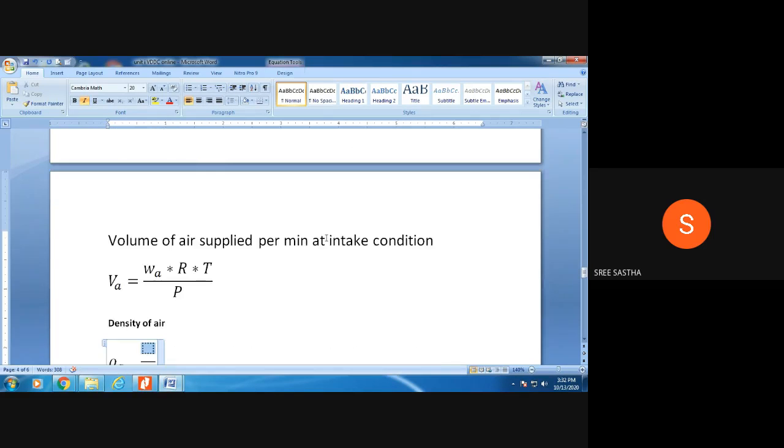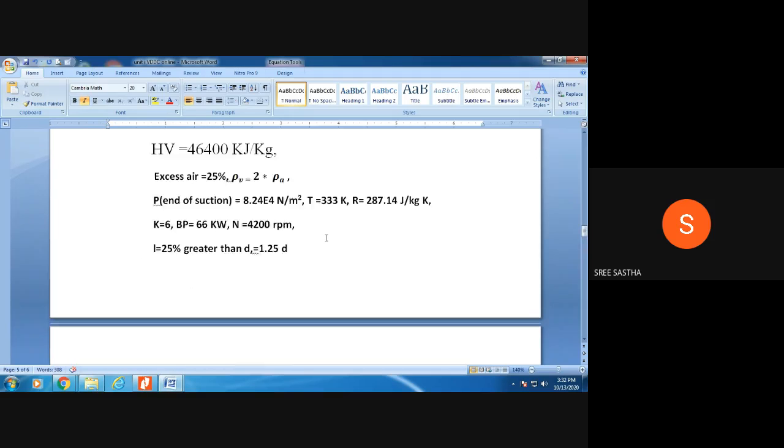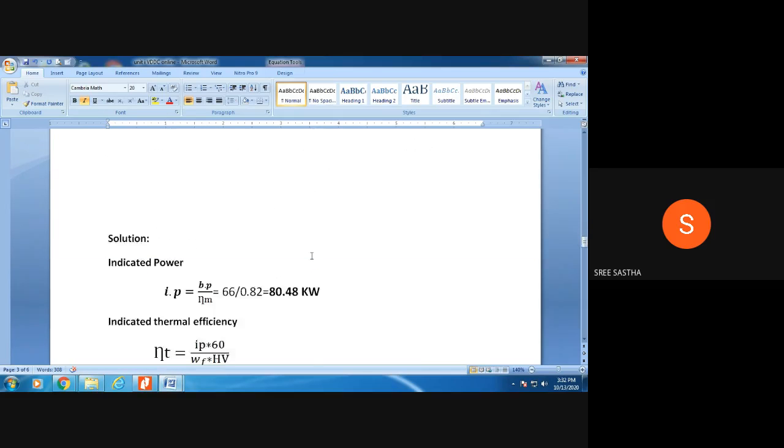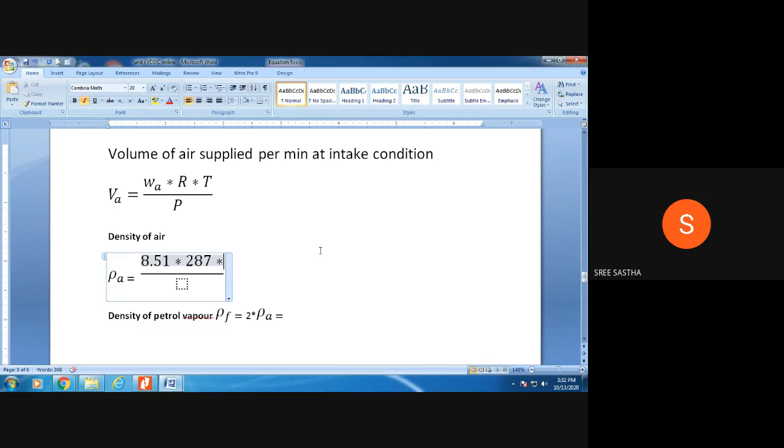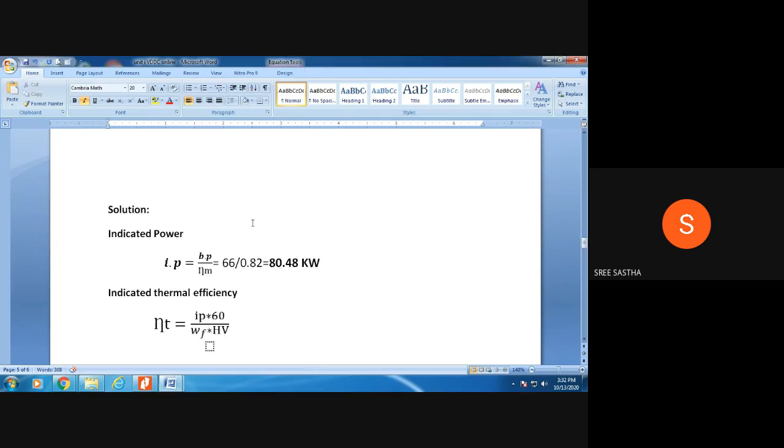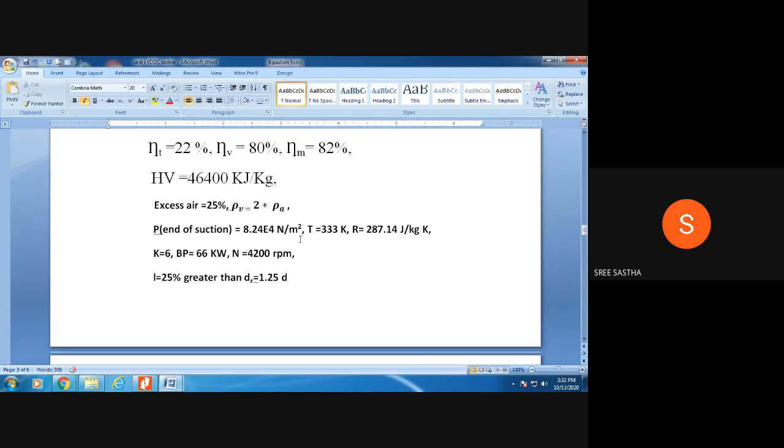WA is how much? 8.51. R is 287, multiplied by the temperature given, 333 Kelvin. All this data is related to air. If this data is not available, we can't find volume of air. So that only this data is given.